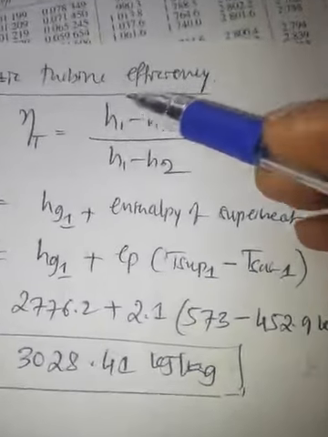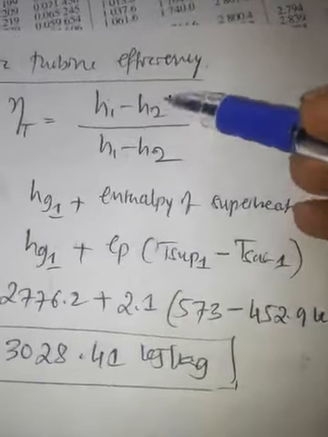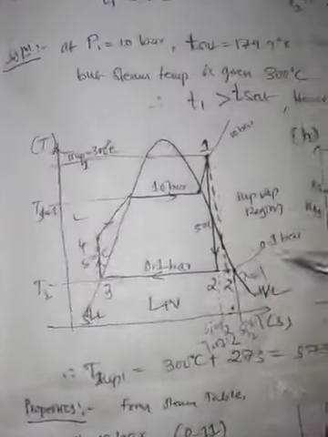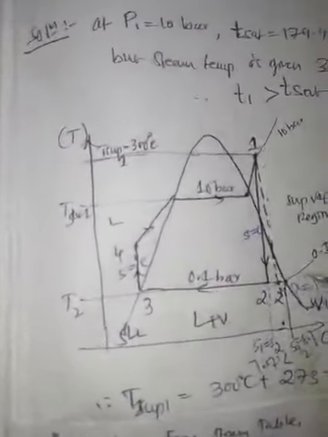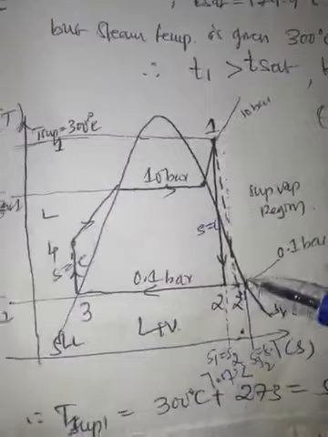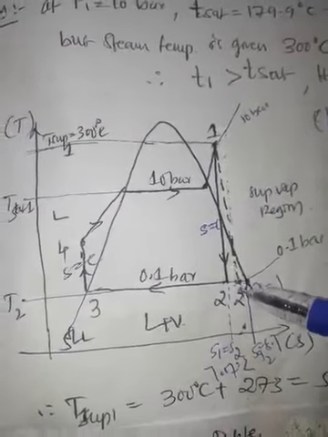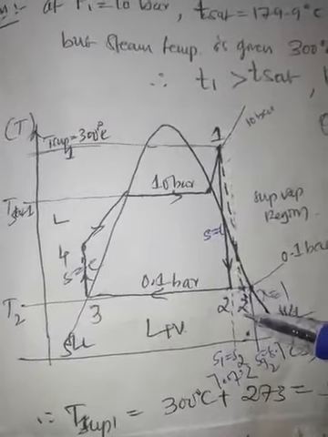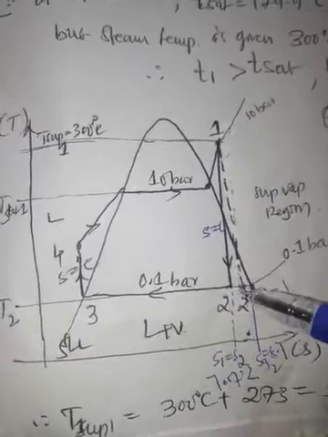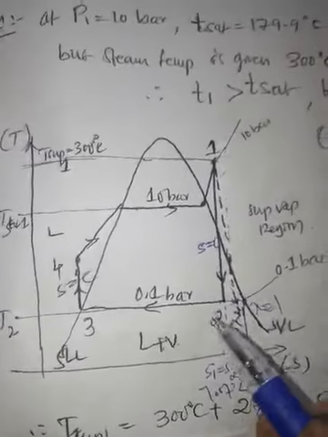Now, in the turbine efficiency formula we calculated H1 and H2. We remain with H2 dash. So how to get H2 dash? The state 2 dash is given; we know this is the 2 dash in the TS diagram. At state 2 dash the dryness fraction is 0.9, it is not x equal to 1, so 2 dash is also in the wet region.